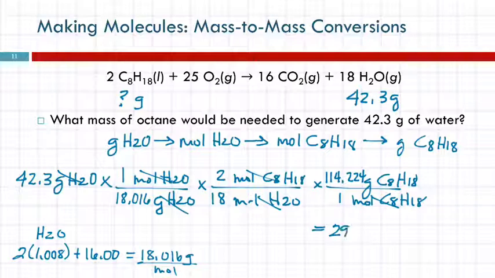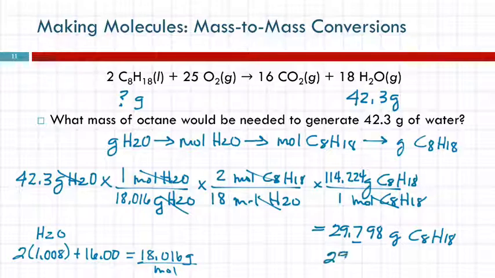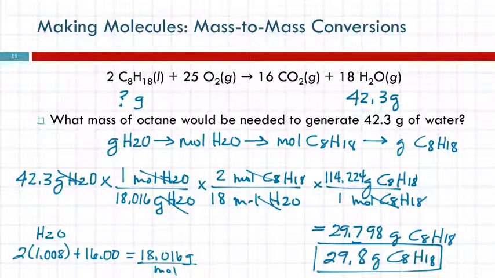So 29.7, write down 2 extras, that many grams of octane. And then when I round that to 3 sig figs, I get 29.8 grams. 29.8 grams of octane would produce 42.3 grams of water.